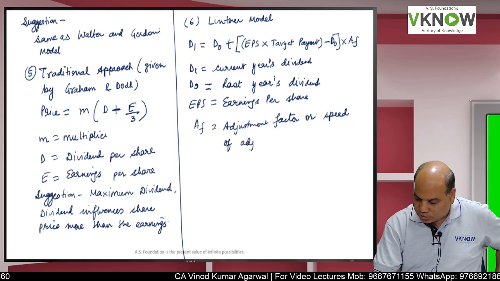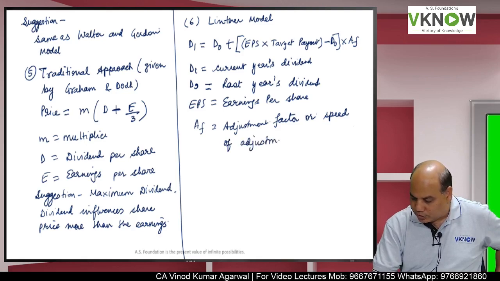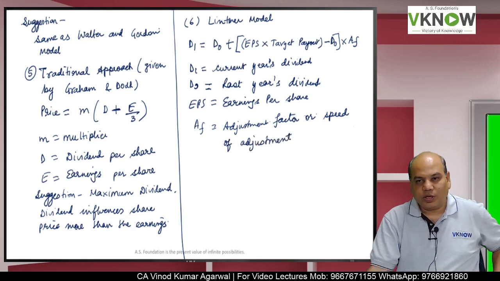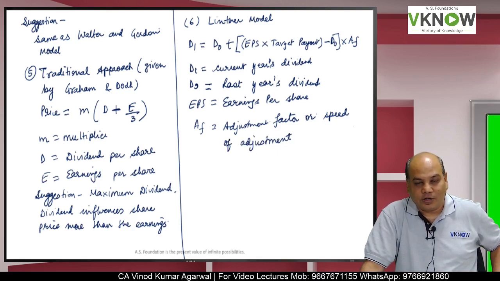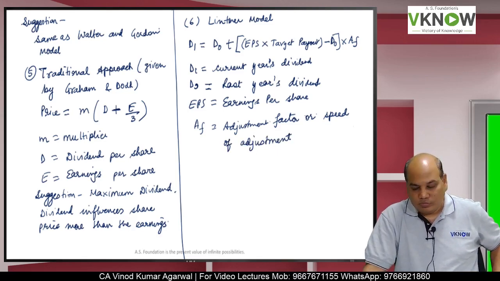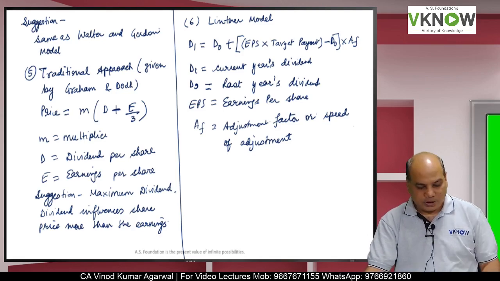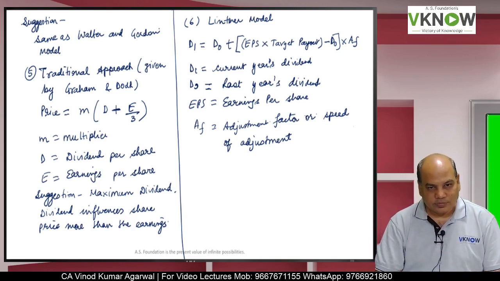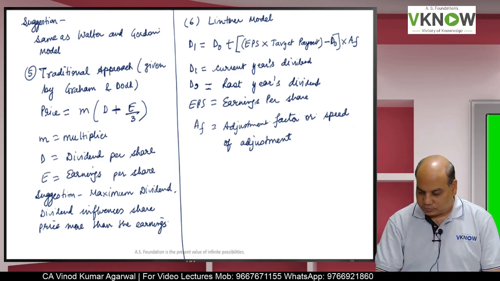This is used by the company to reduce the speed of dividend. They don't want to pay higher dividend in the current year if earnings have gone up, because it will create unnecessary expectation in the minds of the shareholder. Okay.